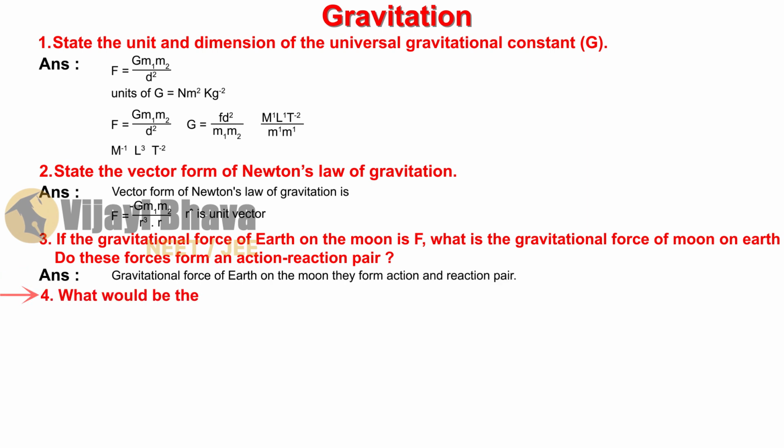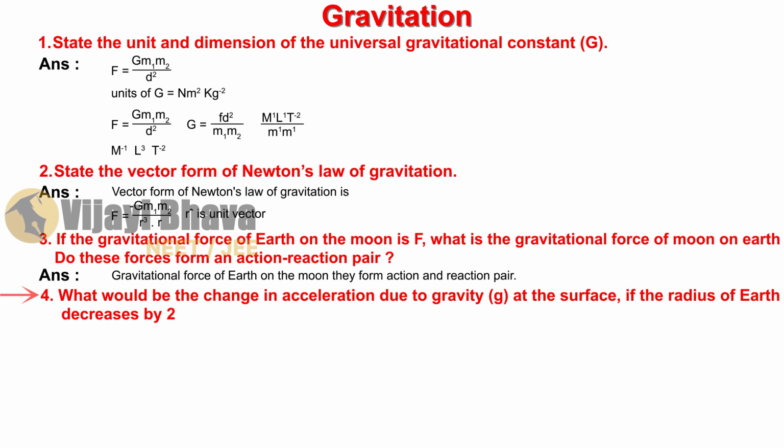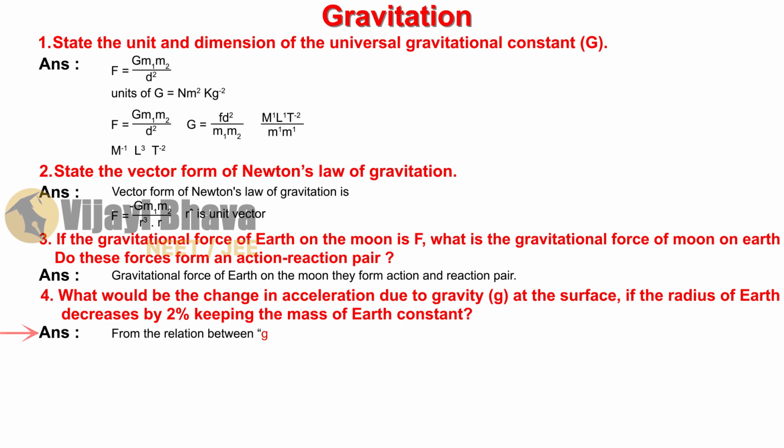What would be the change in acceleration due to gravity at the surface if the radius of Earth decreases by 2%, keeping the mass of the Earth constant? The answer is, this is a numerical given in very short answer questions. From the relation between small g and capital G, we have g is equal to GM by r square, which proves that acceleration due to gravity small g and radius r are inversely related to r square.